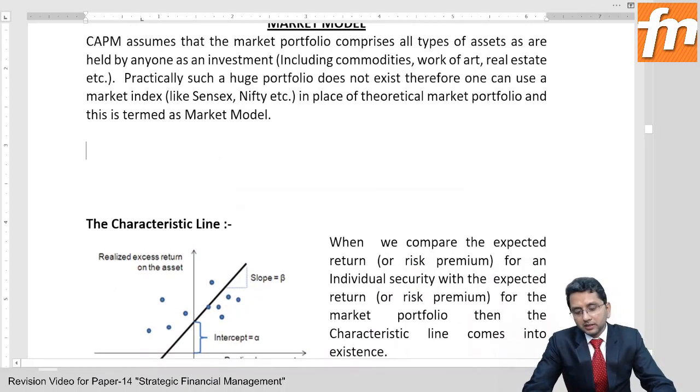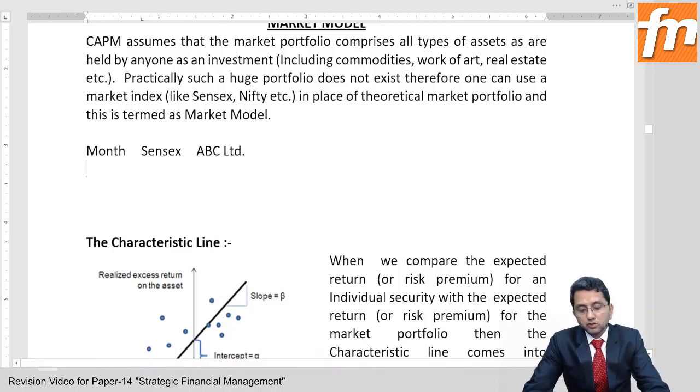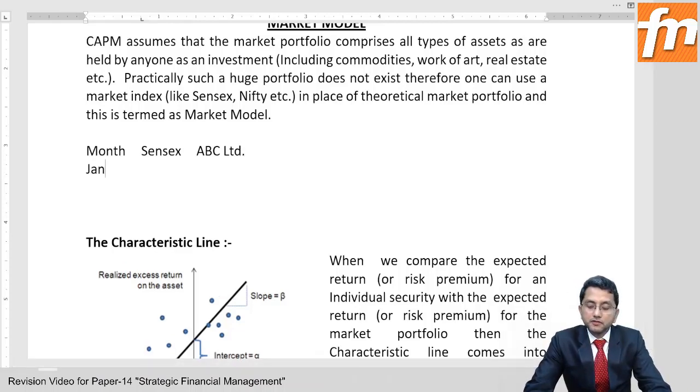For example, let's take this example. This is the month. This is Sensex. This is ABC Limited, your share. So in the month of January, any year, Sensex provided 2% return.